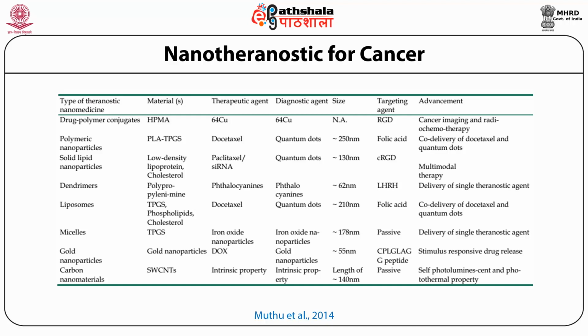Both have been used for the co-delivery of the chemotherapeutic agents and the quantum dots. The fourth example includes dendrimers. In that, polypropylene imine dendrimers have been used to deliver the therapeutic agent phthalocyanine with the targeting agent LHRH for the delivery of a single theranostic agent.